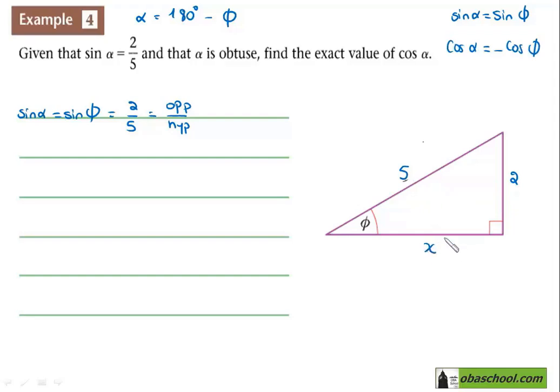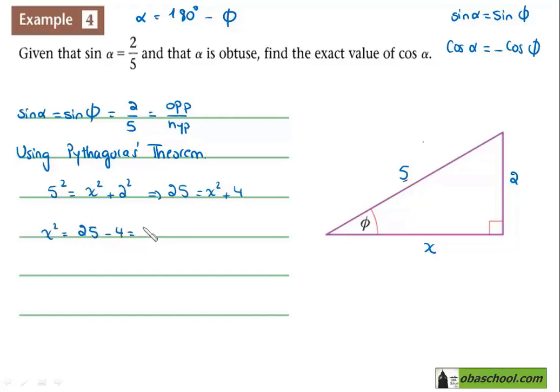Now we will use the Pythagoras theorem, which is hypotenuse squared, so 5 squared equals x squared plus 2 squared. So 25 equals x squared plus 4. X squared equals 25 minus 4, which is equal to 21.